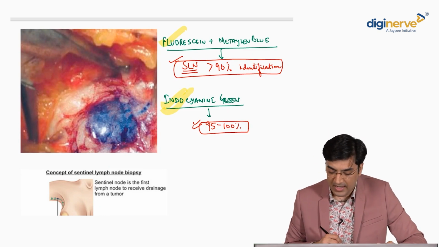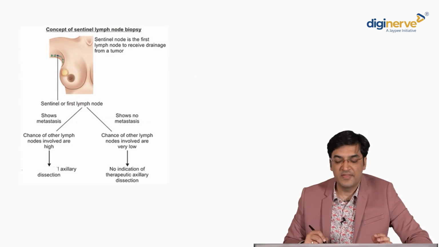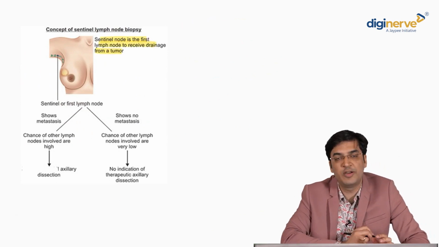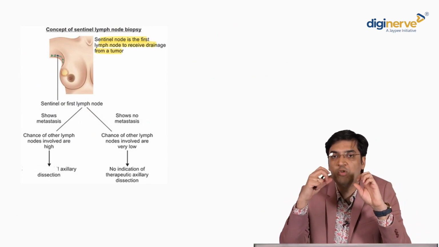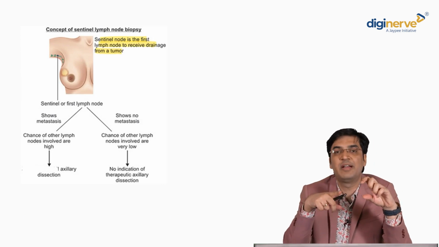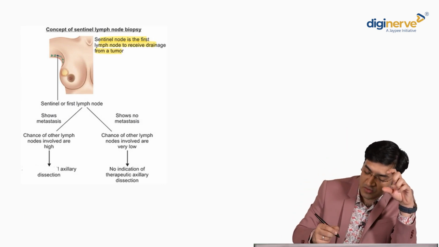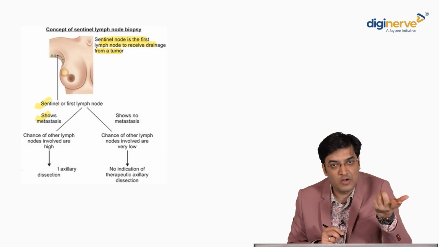Now, this is the concept of sentinel lymph node biopsy that I told you: the sentinel node is the first node to be involved from a tumor, and once you inject and that lymph node turns out to be blue, that means lymphatic metastasis is taking place and the channel has been established. So it shows the metastasis. What are the chances of other nodes also being involved?